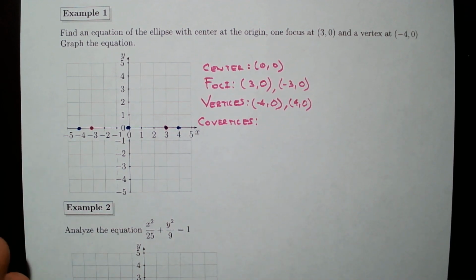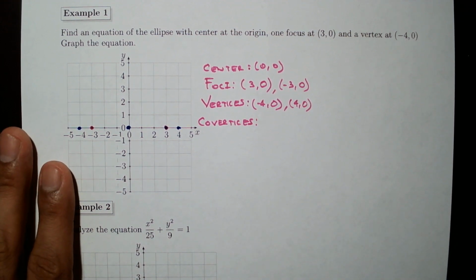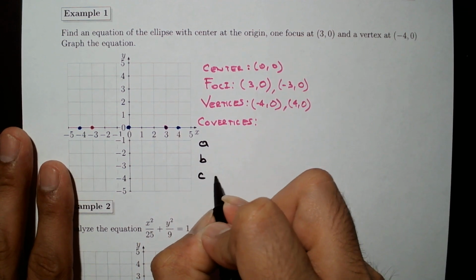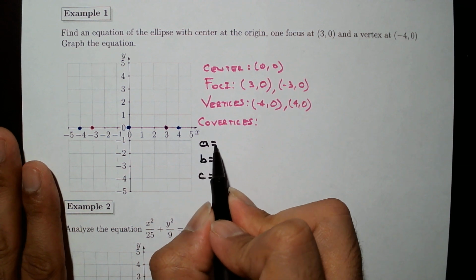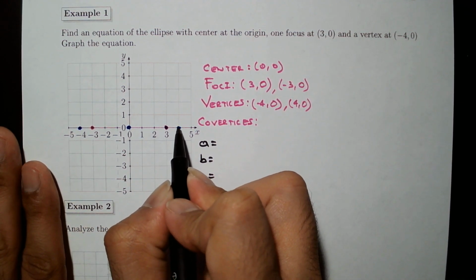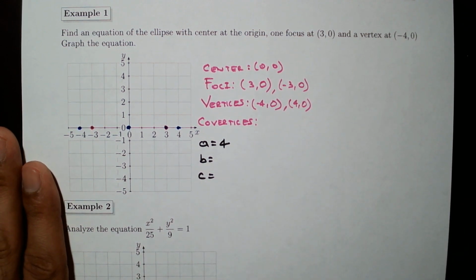So in this case, we have the length of the major axis. First of all, let's write down A, B, and C, where A is the major length, the length from the center to the vertex. That is 4 units.